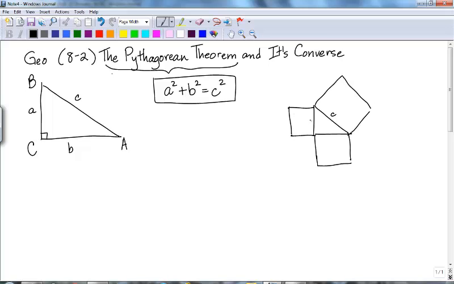If this was C and this was A and this was B, then this square is your A by A, which is A squared. This square would be your C by C, or C squared, and this would be your B squared.